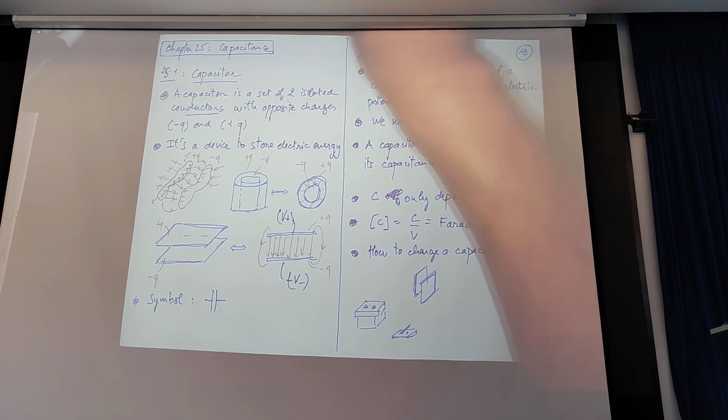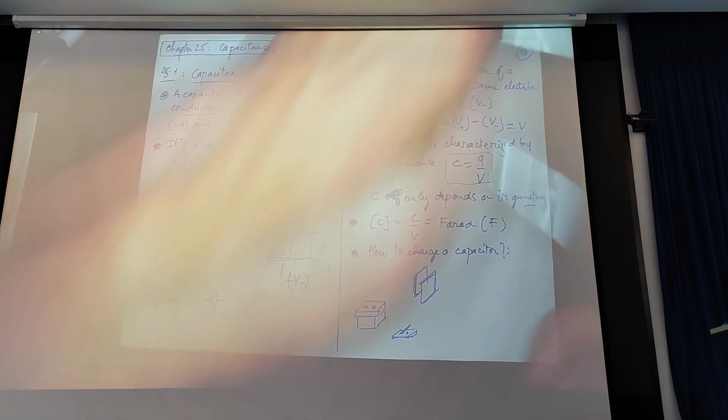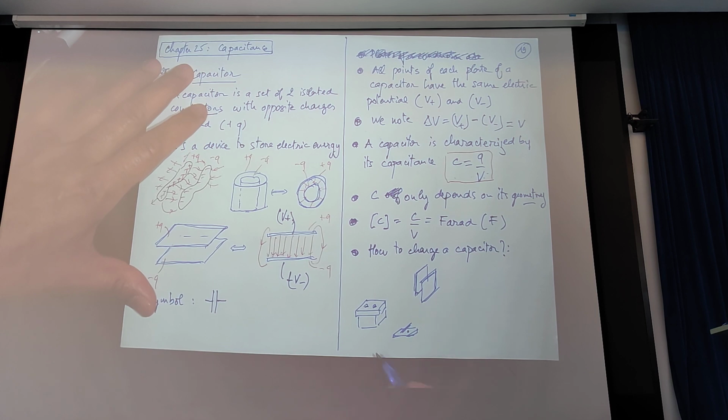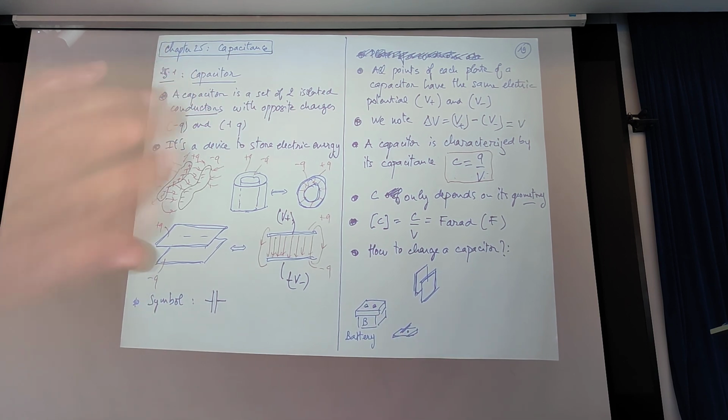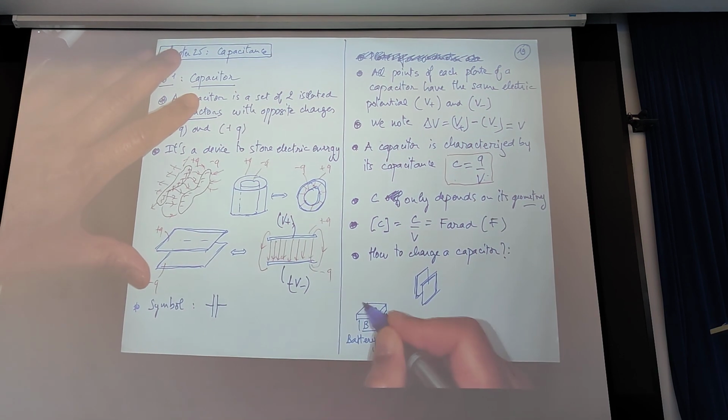Okay, so here is the battery B, and the battery, as you may know, always has a positive pole and a negative pole, and this positive is here.